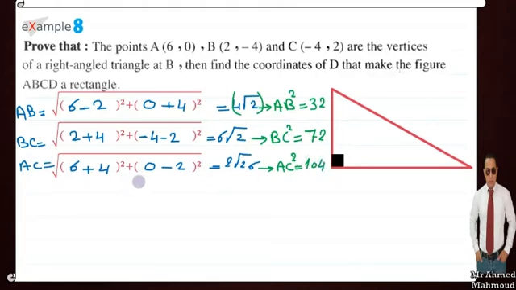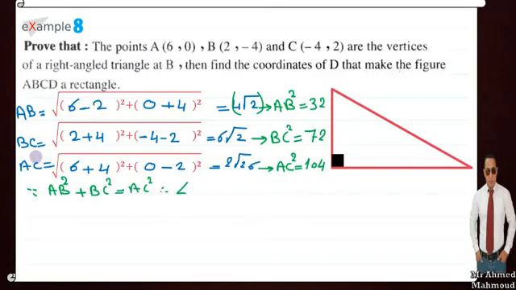Okay, here the two smaller sides are 32 and 72, and 32 plus 72 equals 104. So AB squared plus BC squared equals AC squared, so the triangle is right. Therefore, since AB squared plus BC squared equals AC squared, which angle is right?